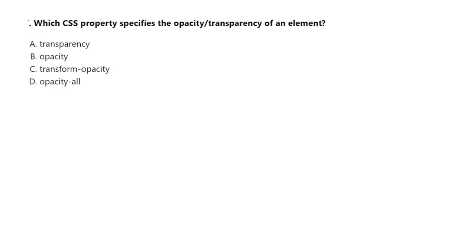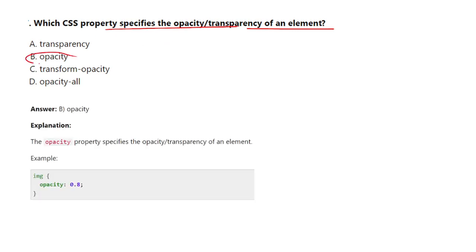Next is: which CSS property specifies the opacity, the transparency of an element? For transparency you can use opacity. If you want to increase or decrease the opacity of your element, your paragraph, or any text you have used in your website, you can use opacity and give it a value like 0, 0.8, or whatever the highest or lowest value you want.